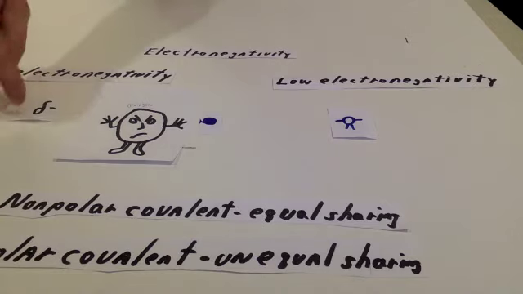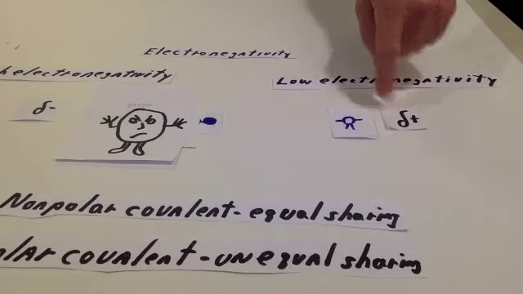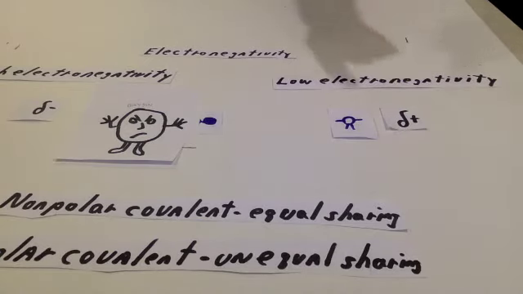And we use the squiggly symbol of a negative to show that it is slightly negative. And the hydrogen will have a partial or slightly positive charge. And we show that same squiggly sign, but with a positive.